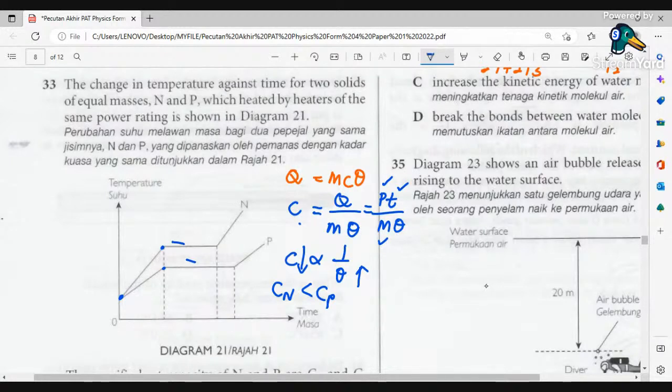Okay, nampak ini masa lebih panjang. P takes longer time. Okay, so amount of heat required for this part, they call it latent heat. Yang mana lebih tinggi? N atau P?